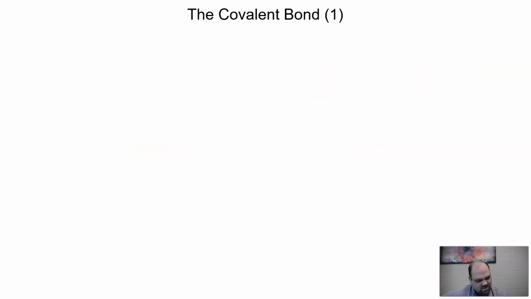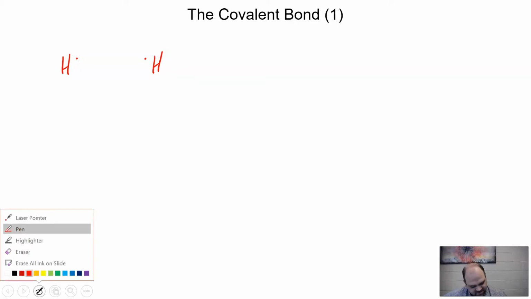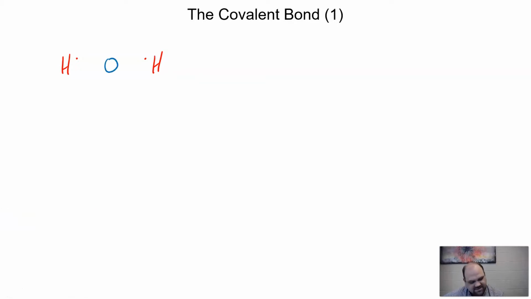Let's take a look at water. Water, I'm going to use my colors again. Hydrogen only has 1 valence electron. There's a hydrogen on both sides of oxygen. Oxygen has 6 valence electrons. 1, 2, 3, 4, 5, 6.